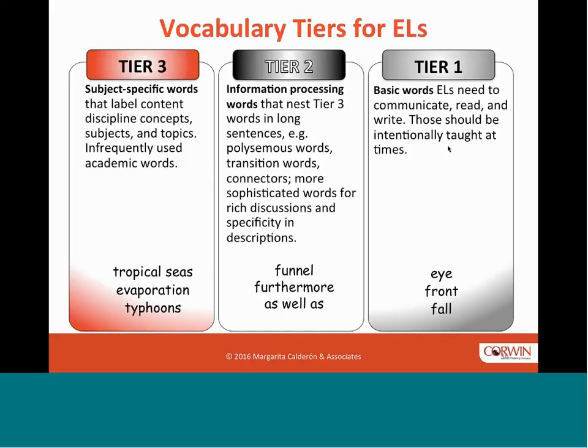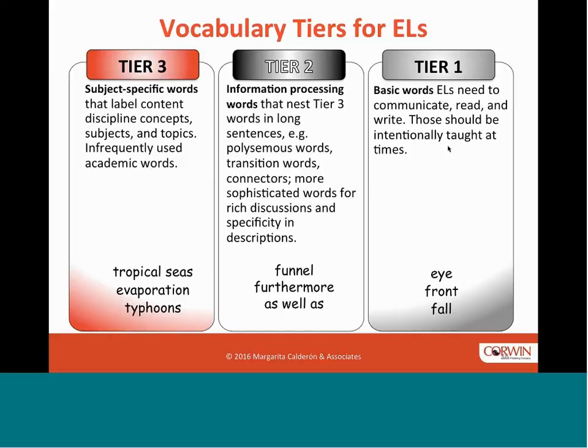Also, those sentences might contain polysemous words, which are multiple meaning words, transition words, connectors, more sophisticated words for rich discussions or for specificity. So some tier 2 words would be like funnel, furthermore, as well as nevertheless.